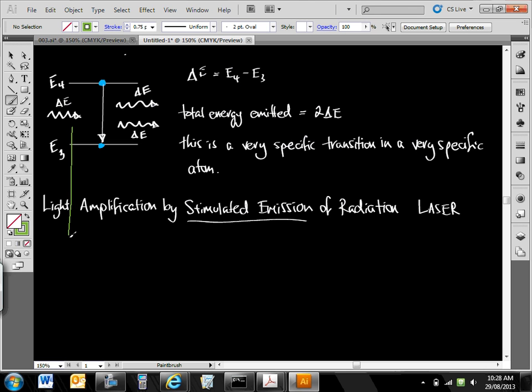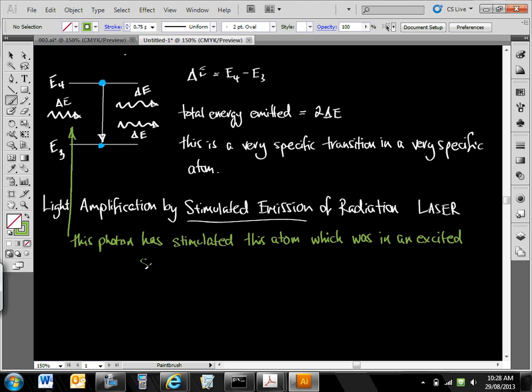This photon has stimulated this atom, which was in an excited state, to drop to a lower energy state.